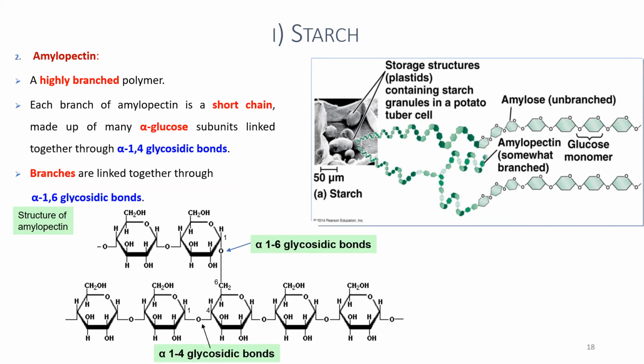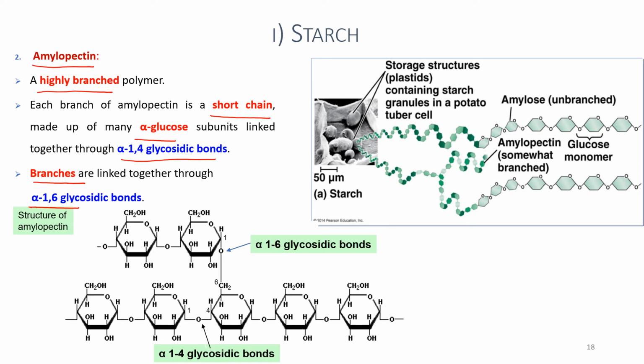The second component of starch is amylopectin. Amylopectin is a bit different from amylose, where amylopectin has branches. Each branch of amylopectin is a short chain made up of many alpha glucose molecules. Again, the glucose molecules are held together by alpha 1,4 glycosidic linkage, but the branches are held together by alpha 1,6 glycosidic linkage.